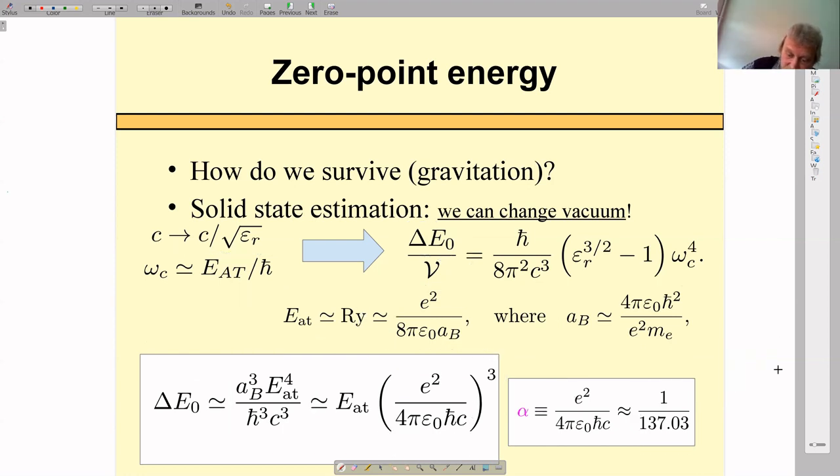At atomic scale, we have such a factor, so it's about 1 million. Zero-point energy is like 1 million times less important than usual atomic energy coming from interaction of protons and electrons and the kinetic energies. Fine, that was the estimation.